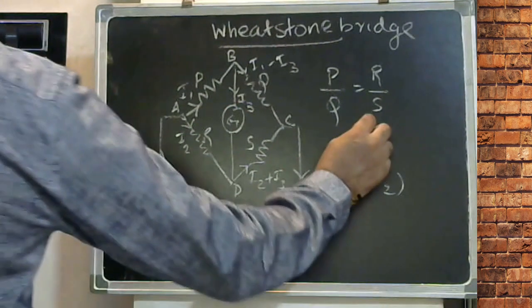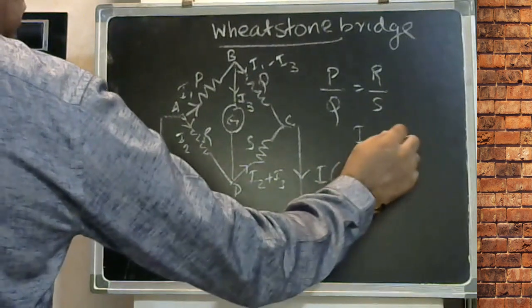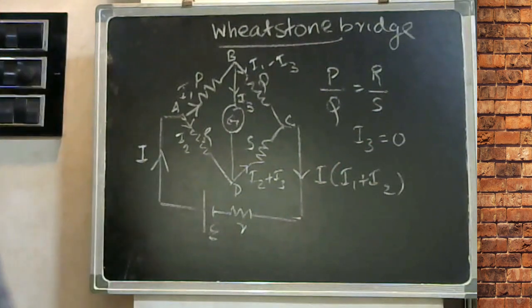Then I3 will be 0. So this is a very important piece of information. In a Wheatstone bridge, there are 4 resistors and in between there's a galvanometer. When the P by Q ratio and the R by S ratio are equal, the current through the galvanometer becomes 0.